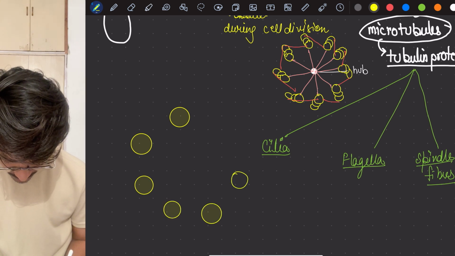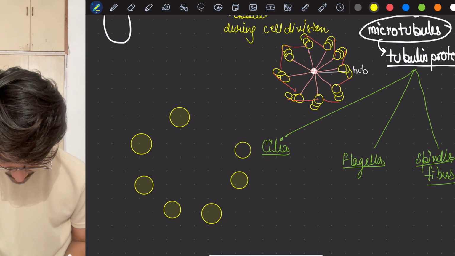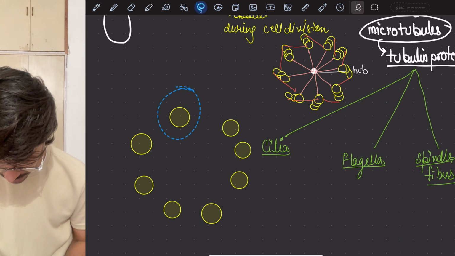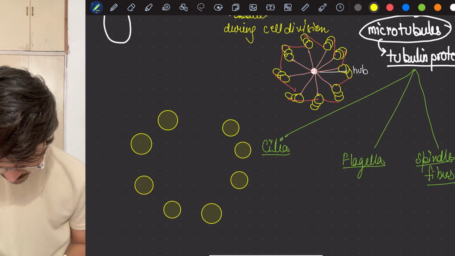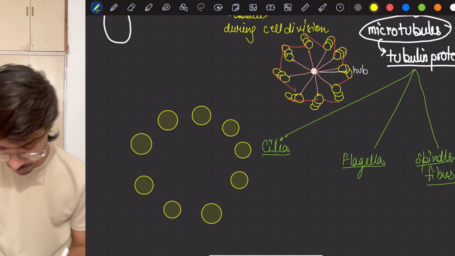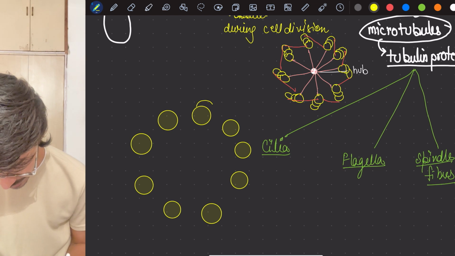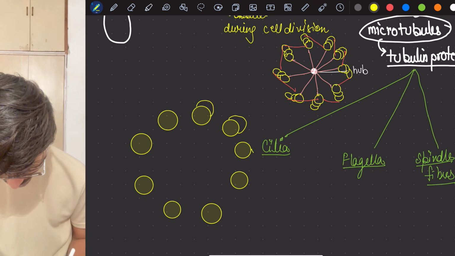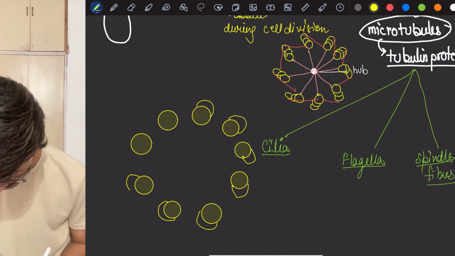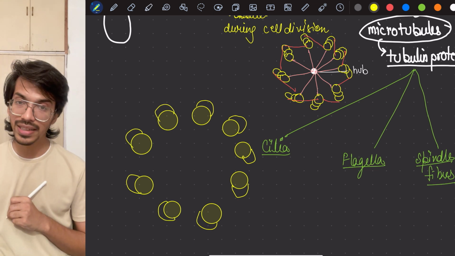Now they are not in the triplet form, they are in doublet form. So let's make it like this. So I made it doublet.